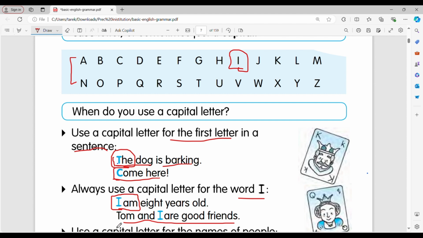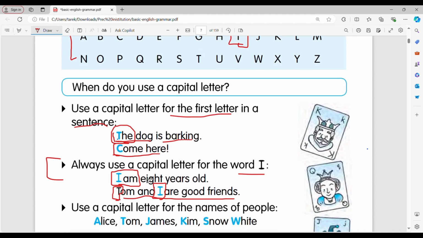Tom is at the beginning of the sentence, so it's capital, and later on we are gonna discuss the names. And I are good friends. So we have Tom at the beginning of the sentence, and we have I. We convert the normal I to a capitalized I, since we have the rule, always use a capital letter for the word I.